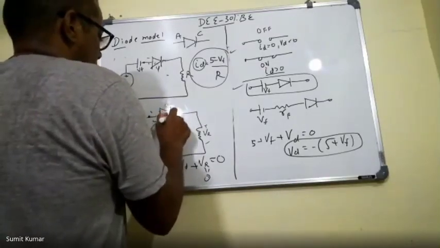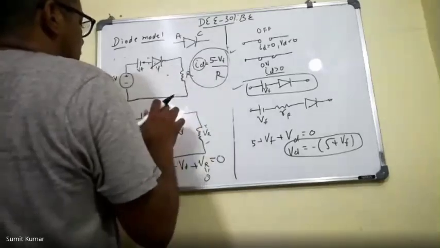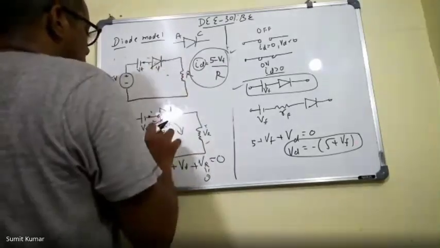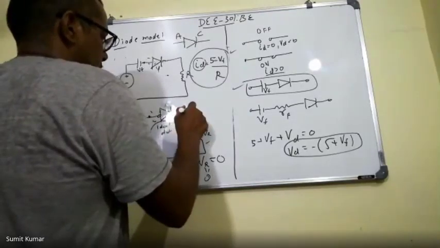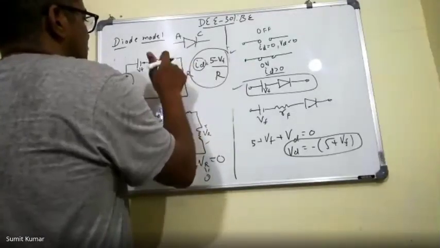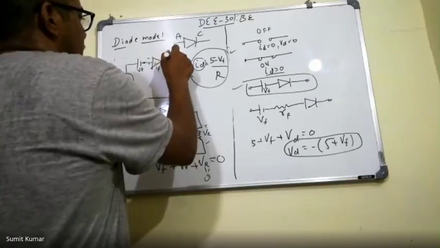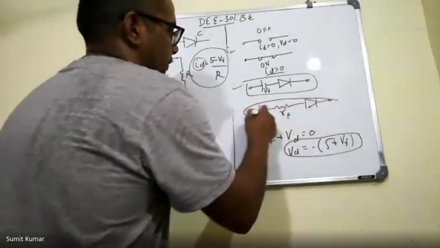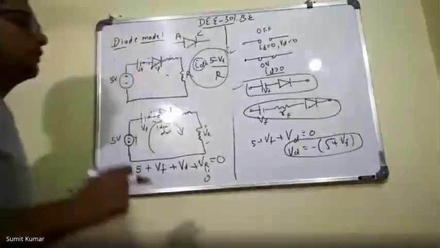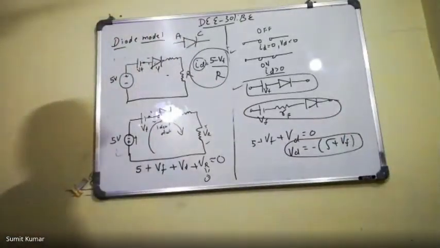So again, if we replace the diode, let us suppose there is a diode, then definitely we will add one more resistor here and one more resistor here. In the third model, you can see we will replace our diode with the voltage source, a small resistor RF, and one ideal diode.